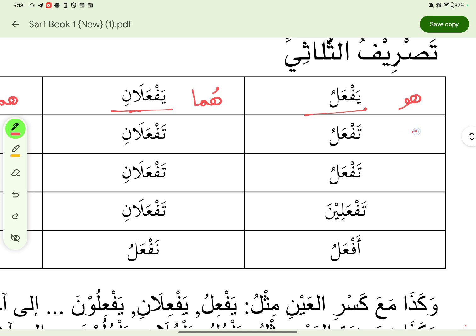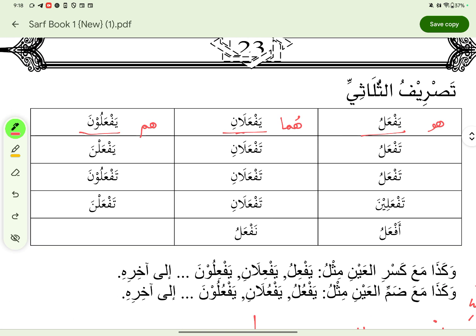One question, sorry. Yeah, no problem. I suppose the row on top here is all male, right? Meaning he, two men, and then from three men upward. It could be three men upward, or it could be a bunch of men and women mixed together collectively. Like in the Quran, when they mention Muslimun, ayyuhal Muslimun, it is speaking to not only the men but also the women, because when men and women are together in that sense, they use the ending un.